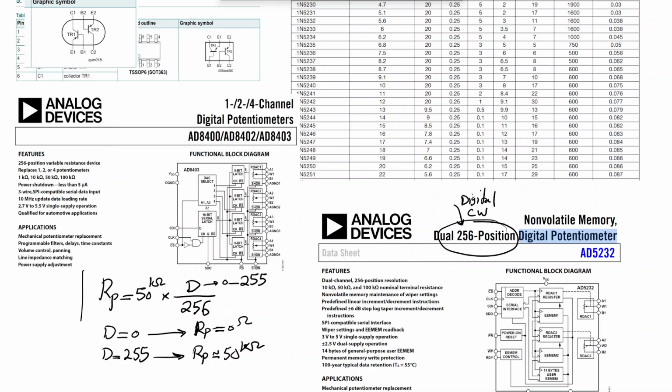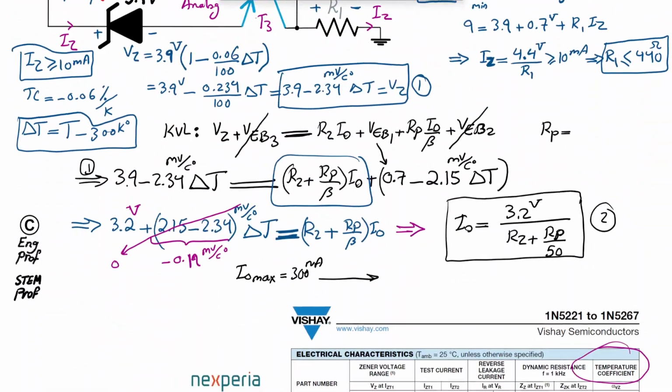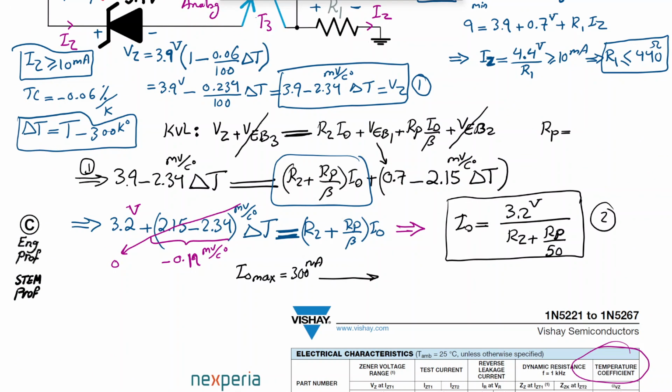I'm going to use that for the purpose of the design we had. In that case, the denominator needs to be minimized so that I get the max current.